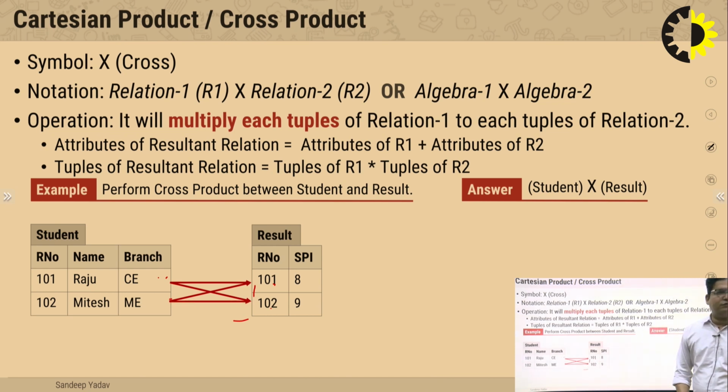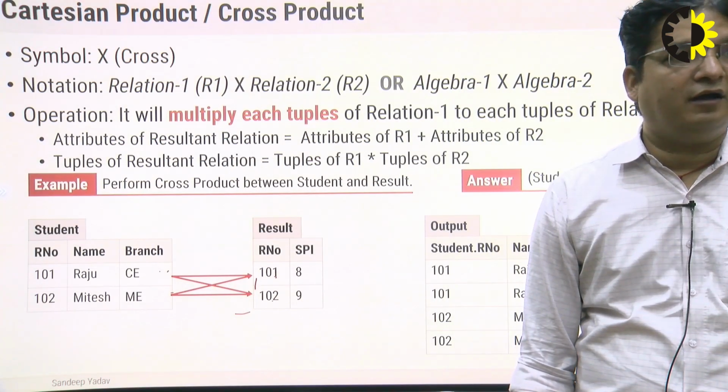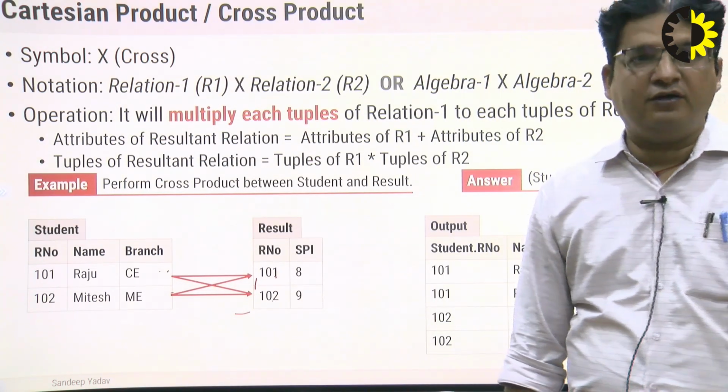This is how the cross product will work, and this will be the final output: student dot roll number, name, branch, result dot roll number and SPI. So, in total we are getting all the possible combinations, and the total output will be 2 into 2, that is 4 tuples in the output. This is how the cross product works.